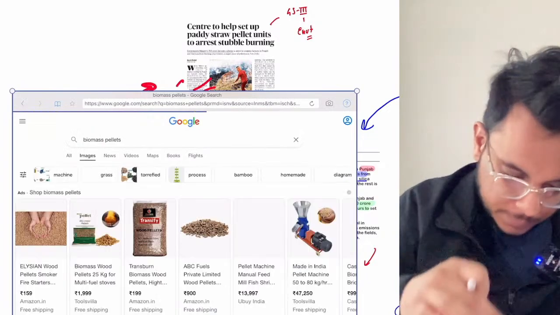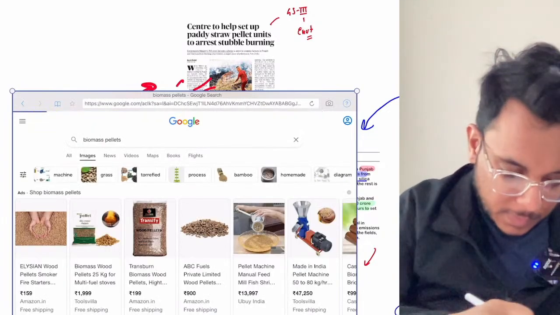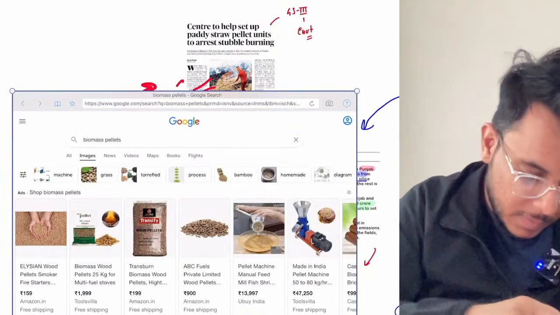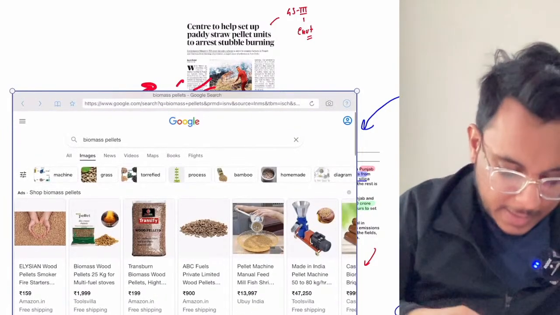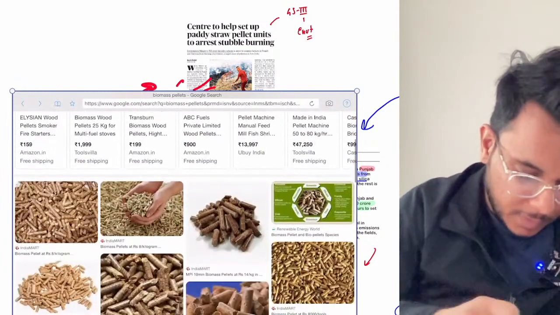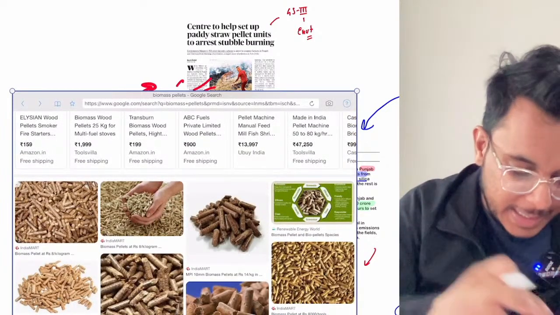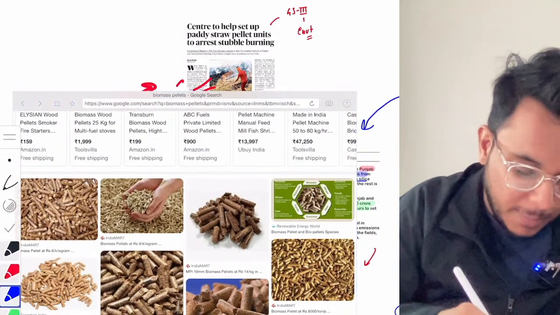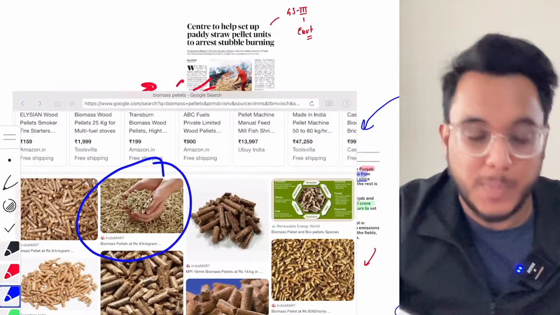Okay, so here you can see these are the biomass pellets. Now, what are biomass pellets?